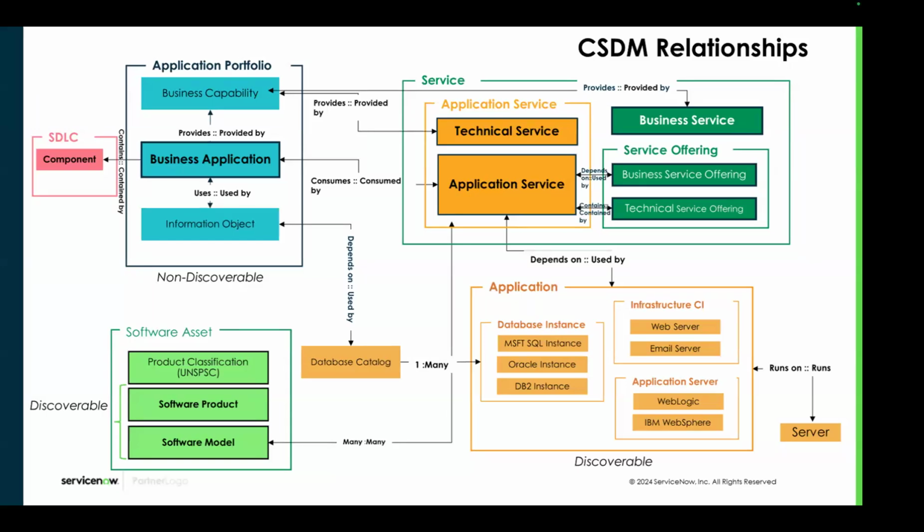The overall CIs from CMDB, CSDM, and asset connect by their lifecycle status. For the current version, Washington, we already have a connection that tries to sync the lifecycle between CMDB, asset, and CSDM. In the next coming version, all this information can be automatically synced if you build your data modeling.